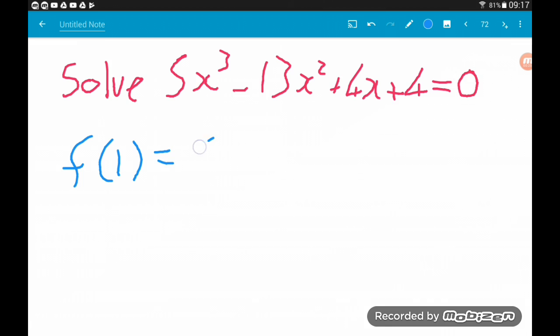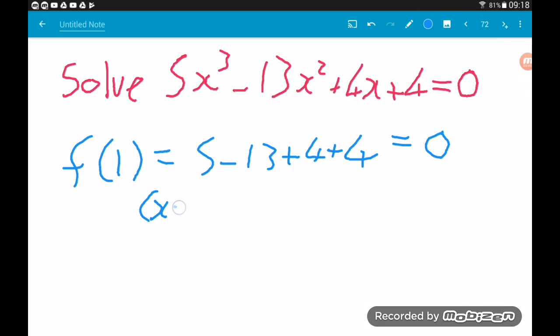So that's going to give us 5 minus 13 plus 4 plus 4. 5 minus 13 is minus 8, plus 4 is indeed 0. So, x minus 1 is a factor.